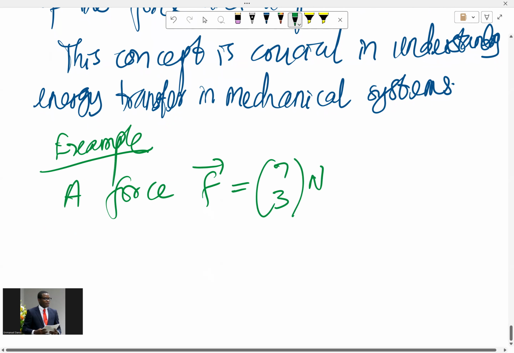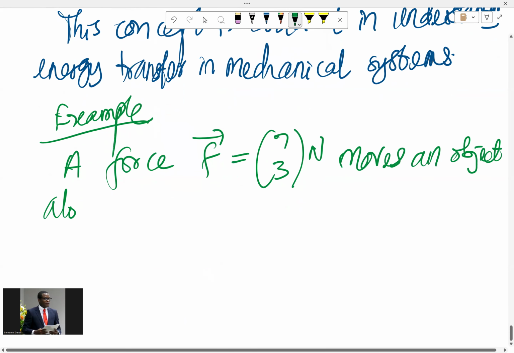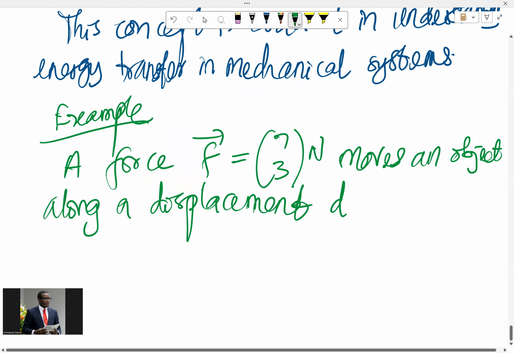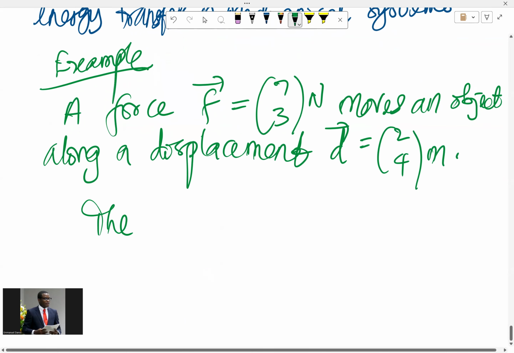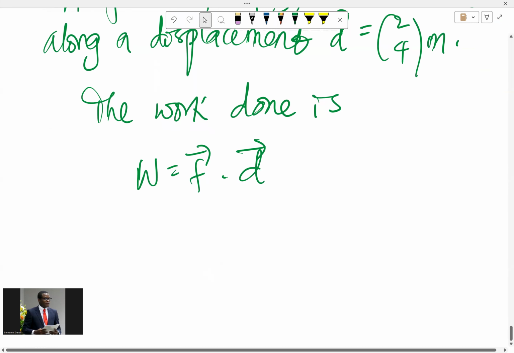So this force moves an object along a displacement, D, which is 2i + 4j meters. So the work done is W, which is force dot displacement. So work done is the dot product of force and displacement, rather.